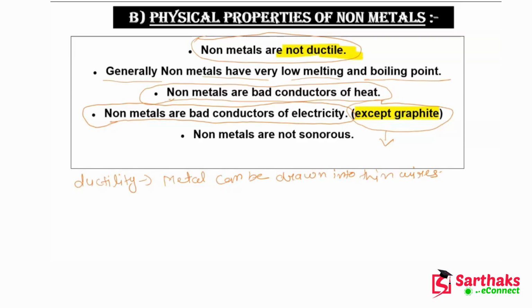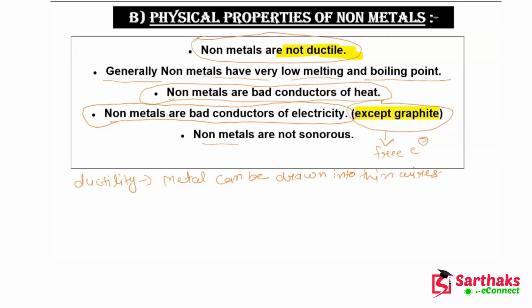Because of this free electron it will conduct electricity, since for conducting electricity we need free charges, free ions, or free electrons. In most non-metals there are no free electrons, but graphite has a free electron. That's why it is a conductor of electricity.